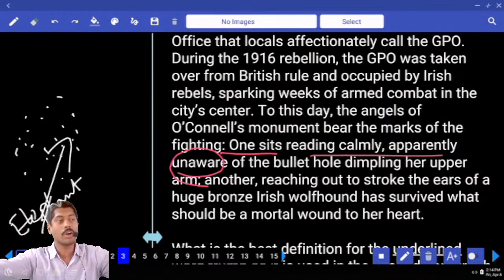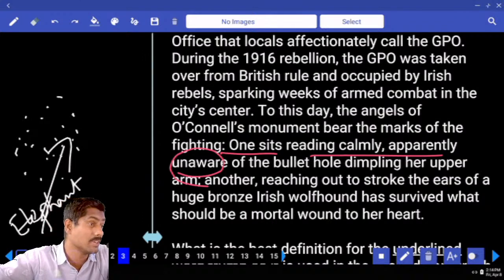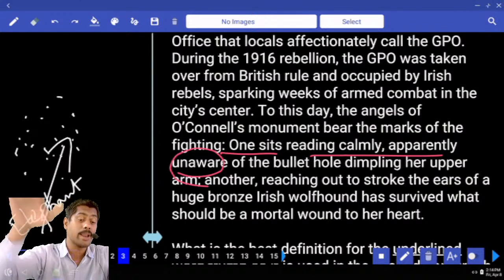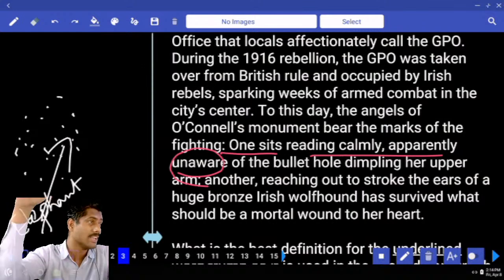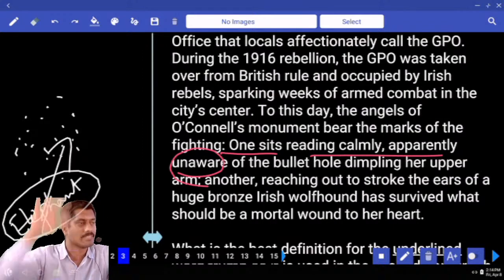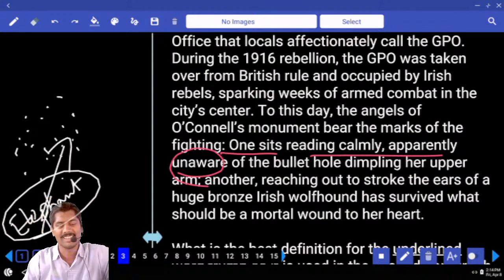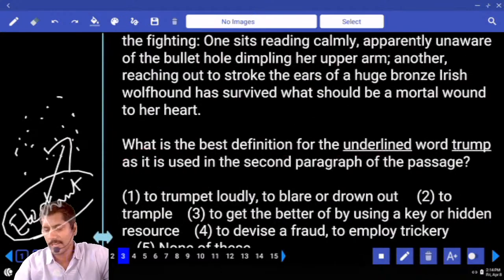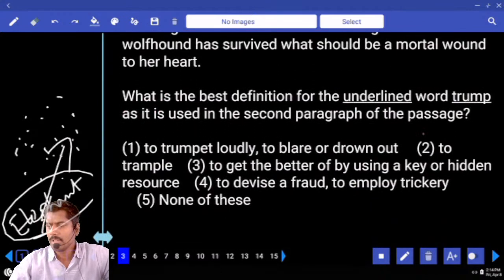The crowd got confused and people were running in different directions to escape the elephant, and somebody got trampled by the elephant. Under the legs of the elephant, somebody fell down. The elephant pressed it like a clutch. That is trample.